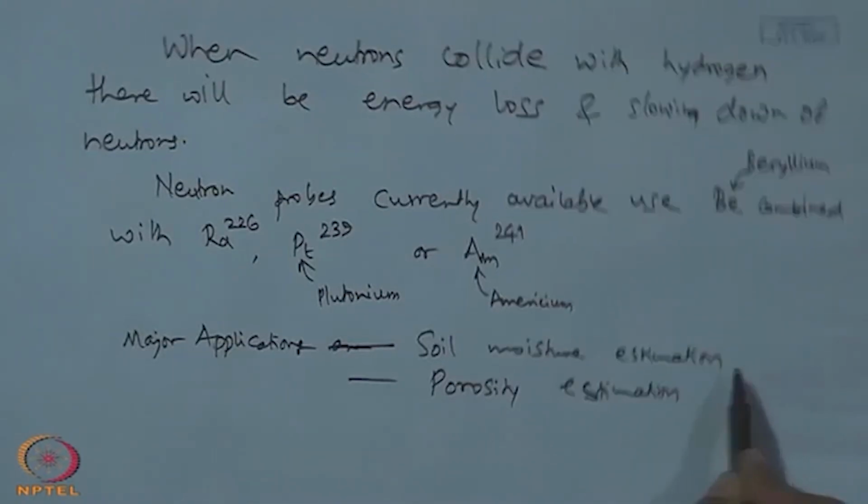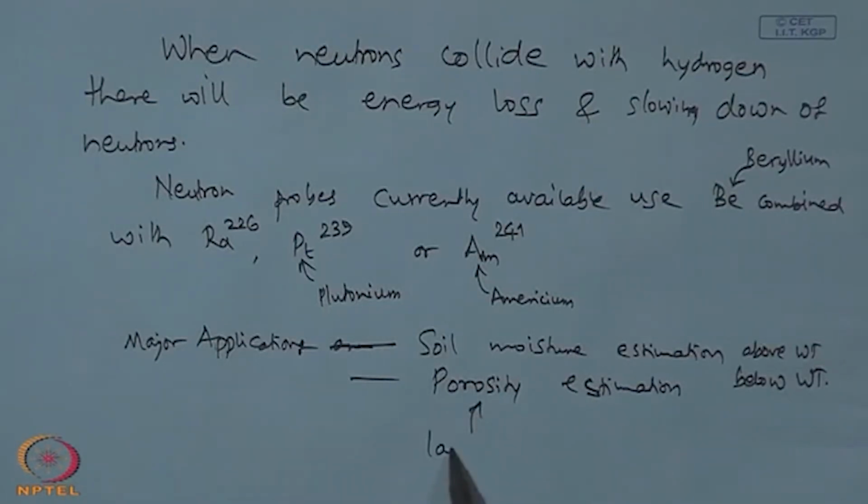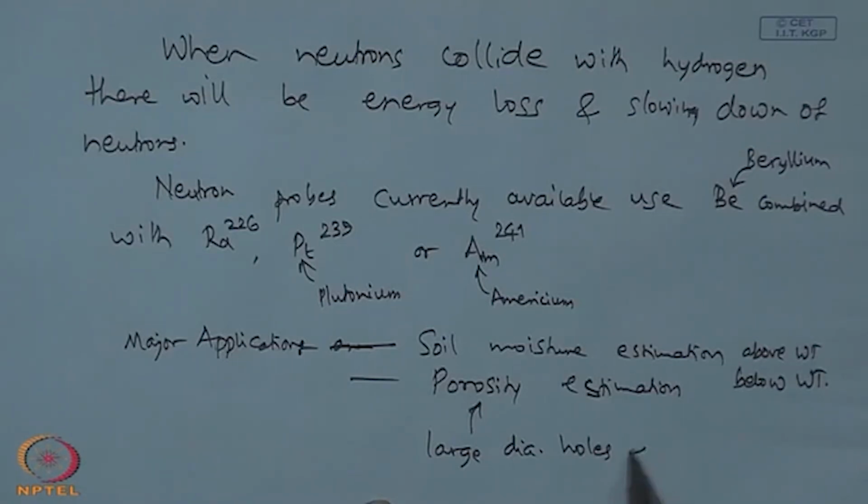We have seen soil moisture estimation, which is above the water table, and porosity estimation is below the water table. For porosity estimation, large diameter holes are used, and larger probes are required.